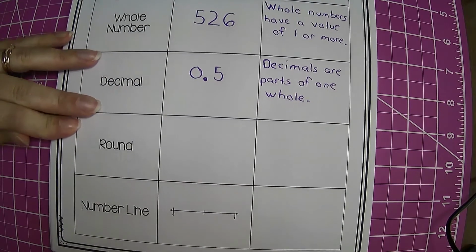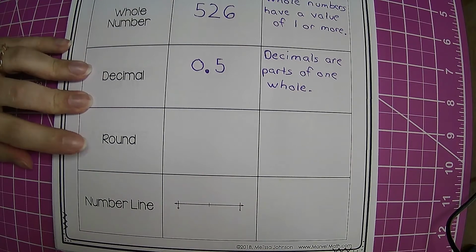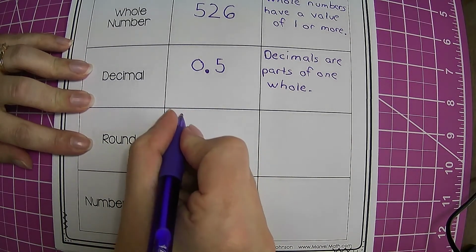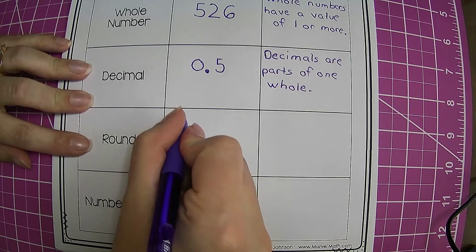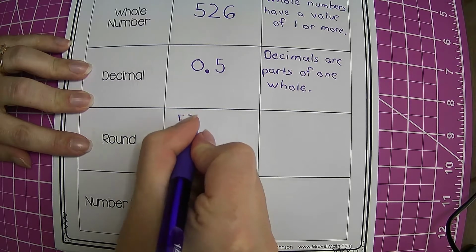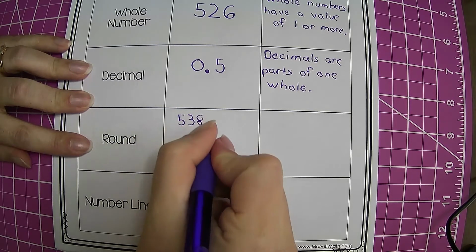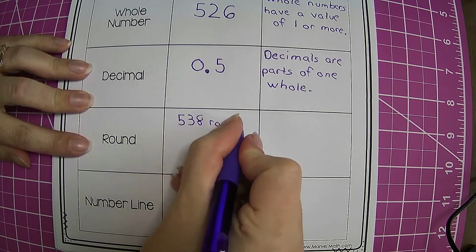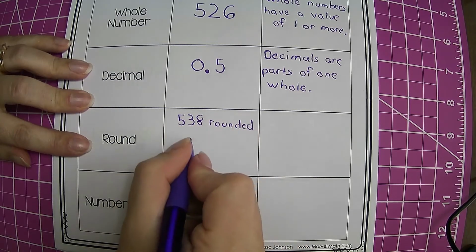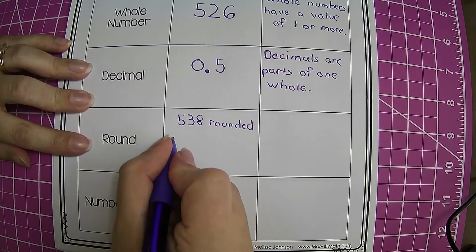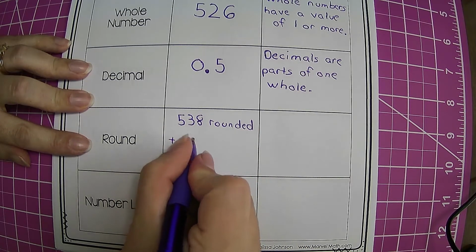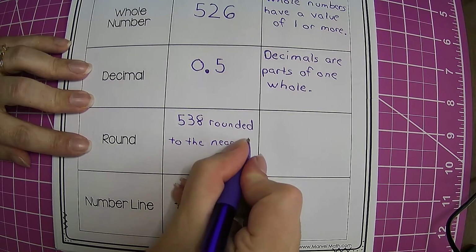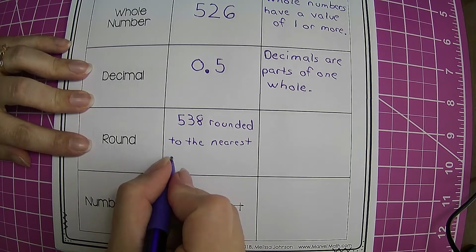Okay, our next vocabulary word is round. So an example would be 538 rounded to the nearest 10.